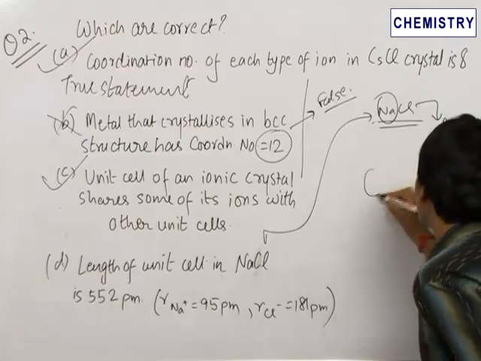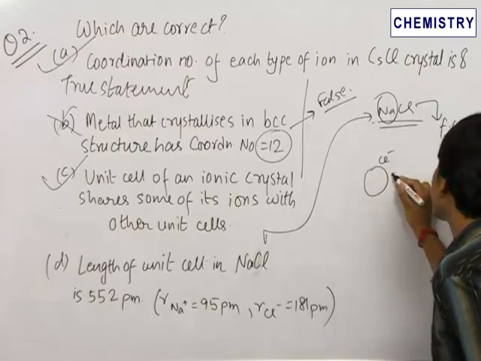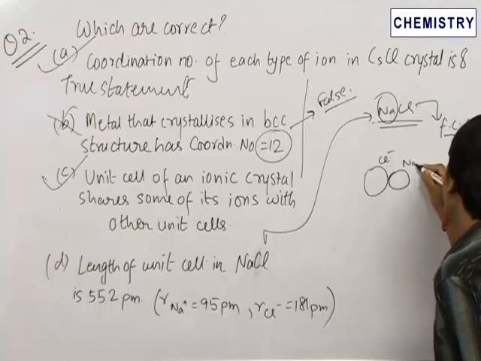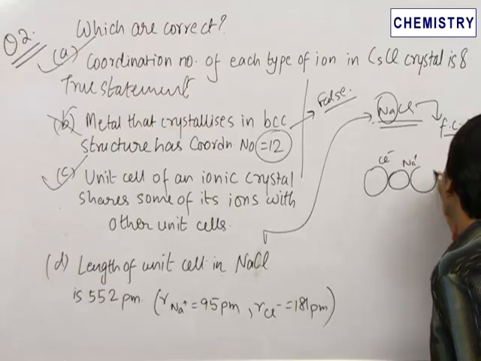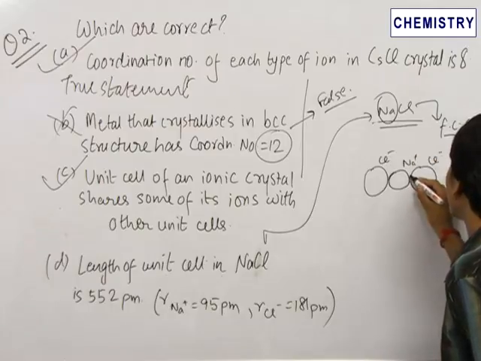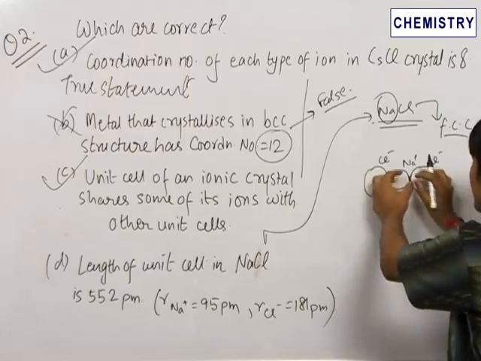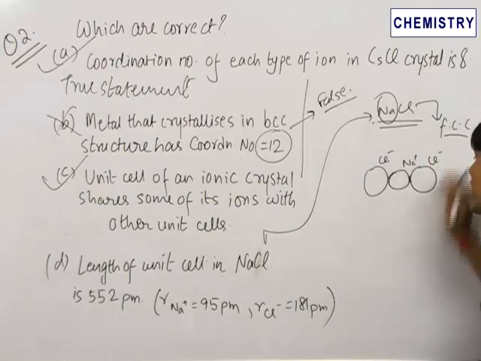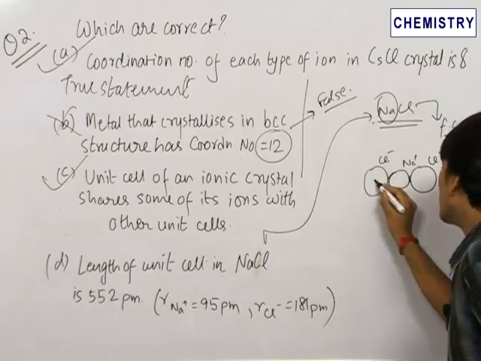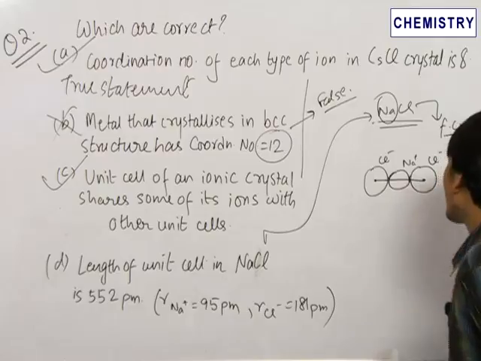The sizes are actually Cl minus ion like this, Na plus ion like this, and Cl minus ion like this. So what has happened is that these Cl minus ions must have moved apart to accommodate this Na plus ion. So this becomes one edge now.